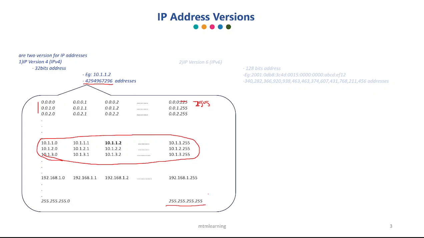For now, what I want you to understand is that this many addresses are available in IPv4, and within that there is a block of IP addresses we can use for our local area network, and other blocks of addresses used for different purposes.